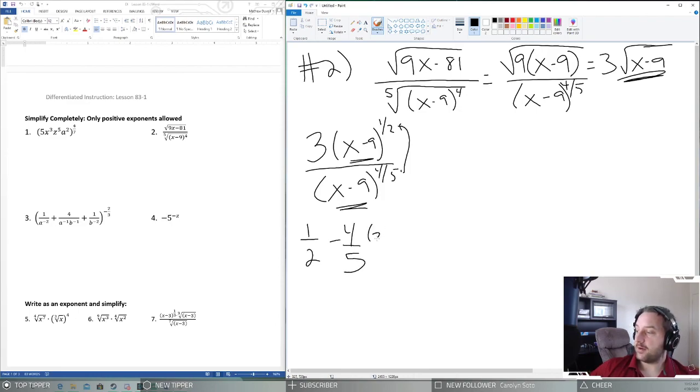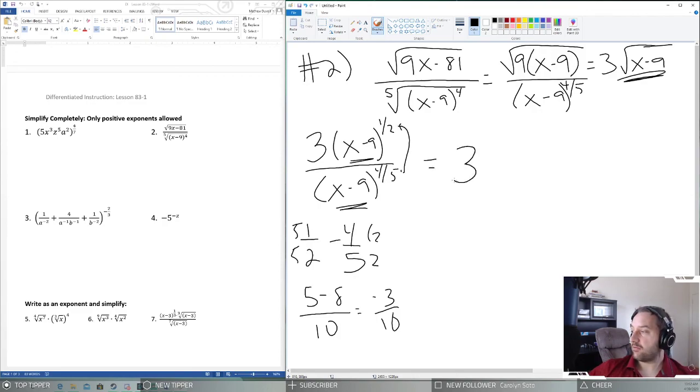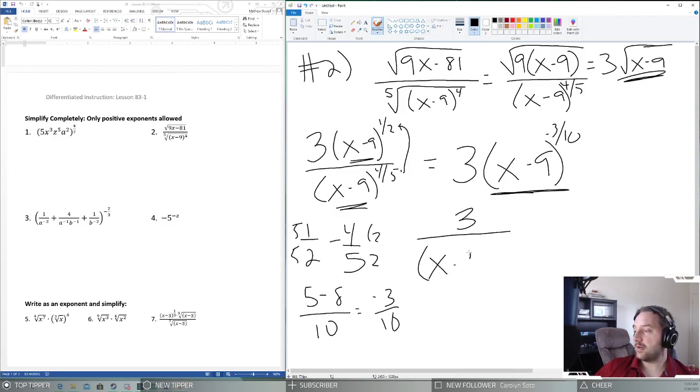I have to find the common denominator. So I'm going to get 5 minus 8 over 10, which is negative 3 over 10. So this is going to give me 3 times x minus 9 to the negative 3/10. Now, one of the conditions says only positive exponents. So because it's only positive exponents, this is going to get moved to the bottom. So this is going to become 3 over x minus 9 to the 3/10.